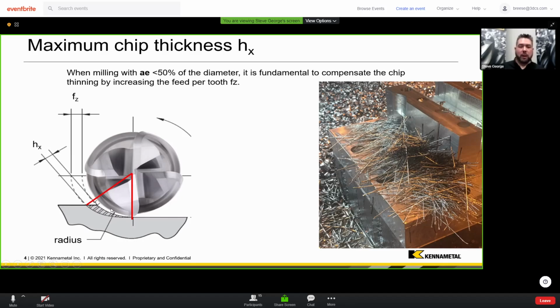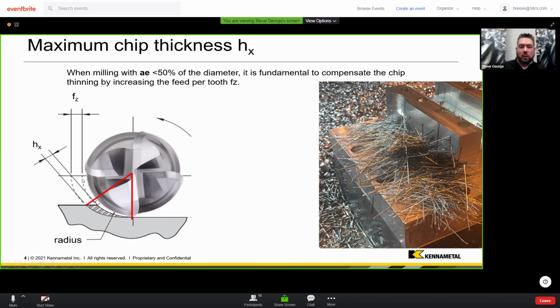There's also an HM that you'll see in some literature, which is an average chip thickness. Europe tends to use more HM in calculations. I really like HX because I'm usually trying to look at the maximum possible damage to the tool. But as long as you use one and stick with one, you're fine.